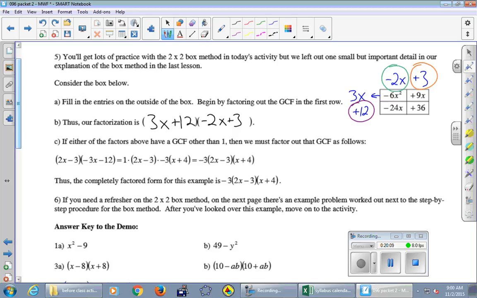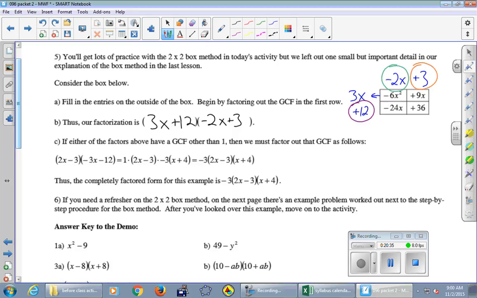And at this point, last class, we were just done. That was the end of the problem. It was factored. Anybody notice something about the 3x plus 12? Something we can do? We can pull a 3 out of it. And we have to. The problems here are all involving factoring completely. Get it broken down as far as possible. And 3x plus 12 is not factored completely because there is a greatest common factor of those terms that's different from 1.